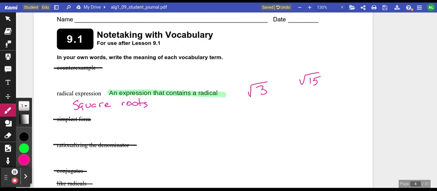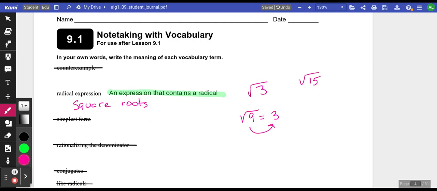It can have just a random number in it. If it has square root of 9, we know we can simplify that to 3. We know that radical expressions too, we're not going to deal too much with these, but just so that you see them, you can also have more than just square roots. So basically a square root is anything where if I multiply something by itself, I get 9.